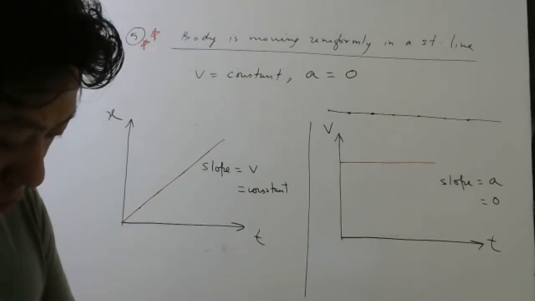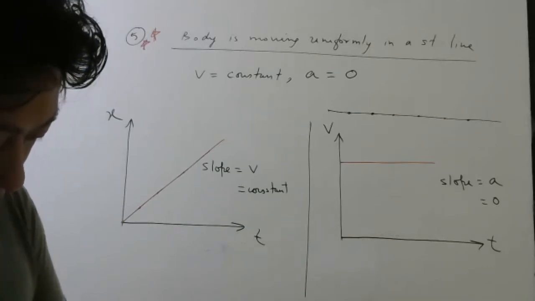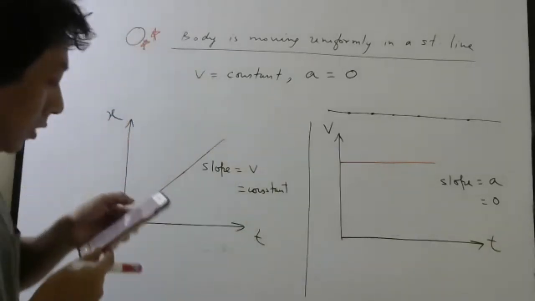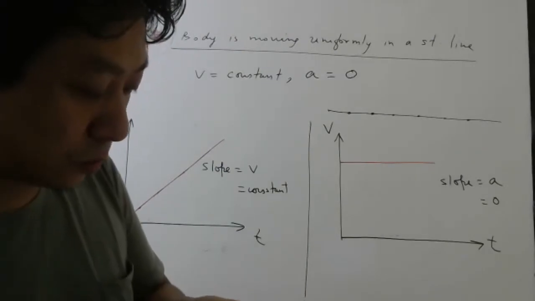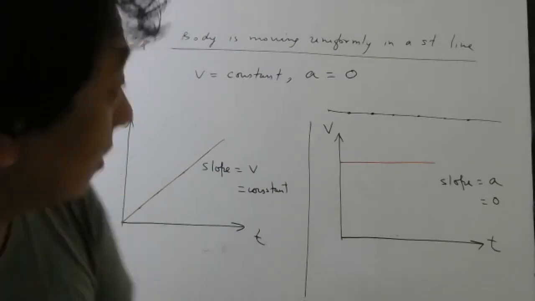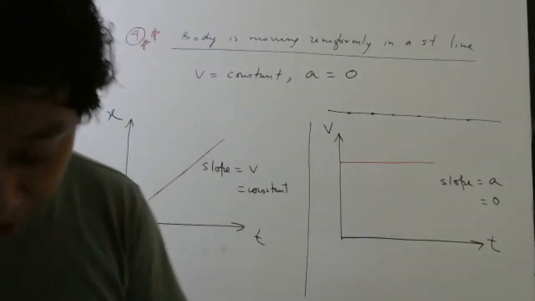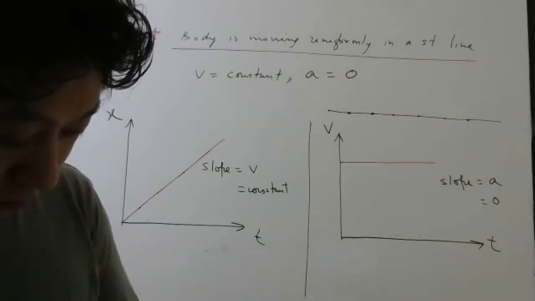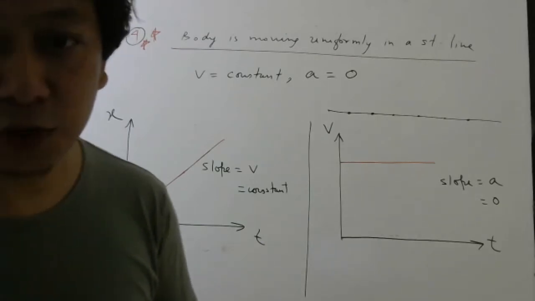Four I did. This is 4 only. Draw xt and vt graph for a particle moving in a straight line with positive uniform velocity. This is question number 4. Question 5 you try yourself, with negative uniform velocity.